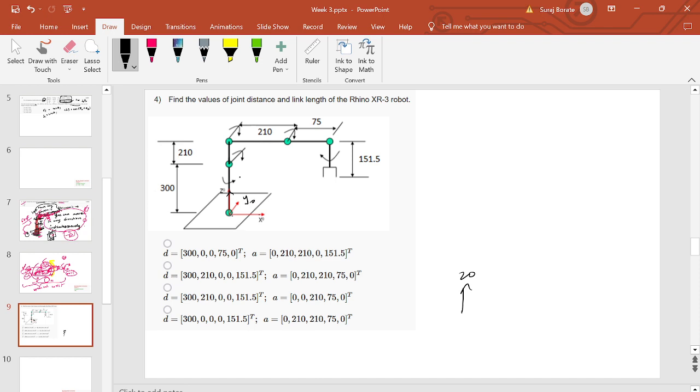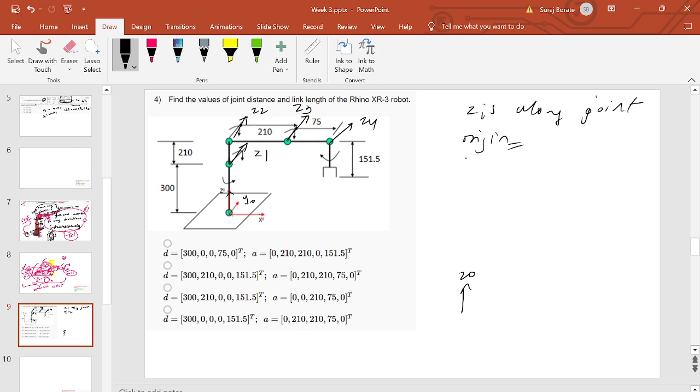After that, what we do? We label all the joint axes. So Z1, Z2, Z3, and Z4. And then what we do? We put the origins, right? So first Zi's are along the joint. After that, origins.